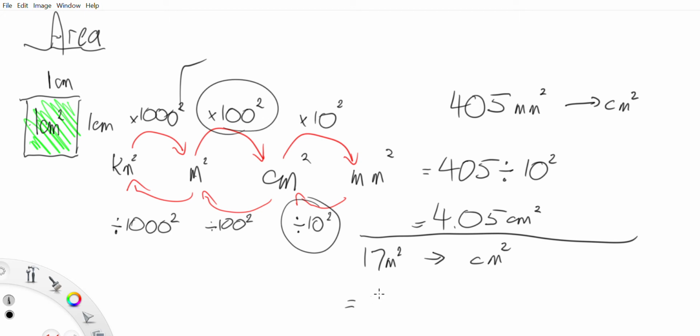So we would say 17 times 100 squared equals, we can just use our calculator, 17 times 100, the squared button is up here in between the 8 and 9, the x squared, and then we push equals, whoa, 170,000, that's a big jump, 170,000 centimetres squared. Really important to show our working out and make it really, really clear. So that's the units that we're going to be using.